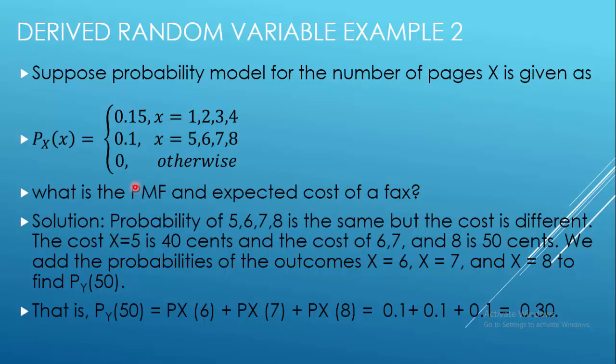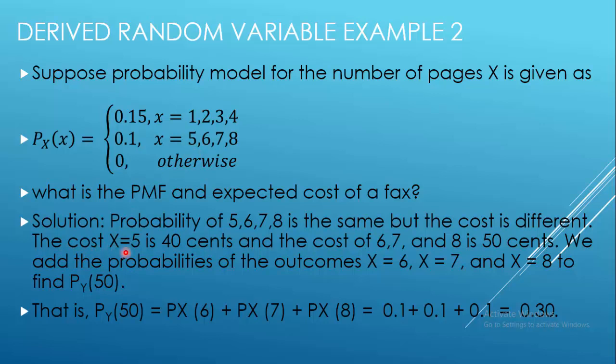So in this case, this will help you to understand that the PMF and expected value change according to the given conditions. The solution is that the probability of 5, 6, 7, 8 is the same, but the cost is different, because the cost from 6 pages up to 10 pages is constant, but up to 5 pages it is different.